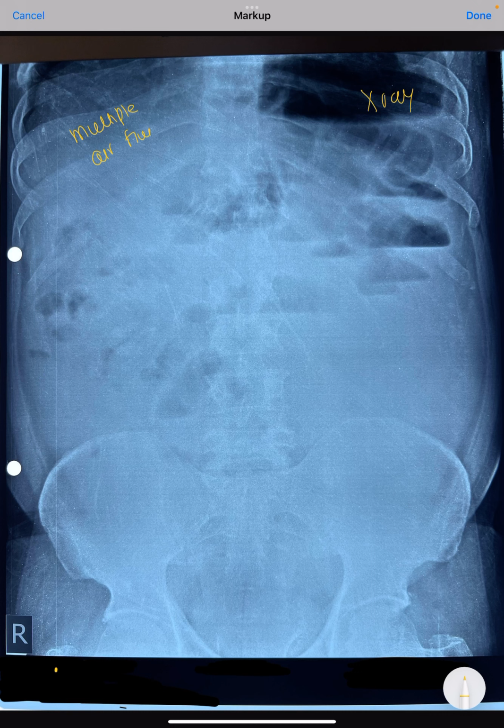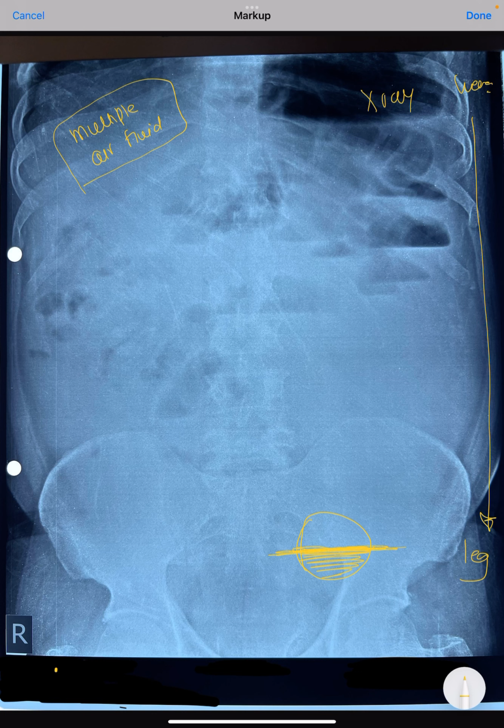What are multiple air fluid levels? Whenever there is a cavity which has air as well as fluid, because the patient is in standing position, with the legs here and the head towards this area, the fluid will get accumulated and show a completely transverse level.